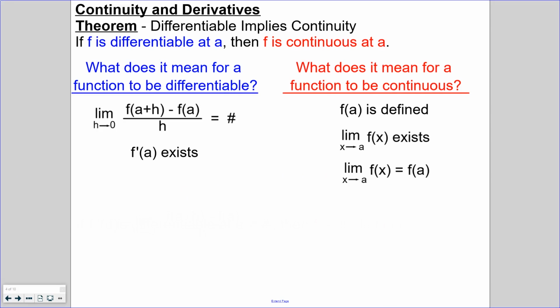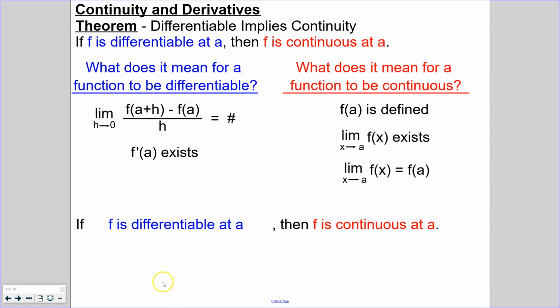So now, what does this mean in terms of our theorem? Well, quickly, let's go back and take a look at what our theorem says. It says that if f is differentiable at a, well, we now know what that means. f prime of a is going to equal the limit as h approaches 0 of f of a plus h minus f of a all over h equals some number.